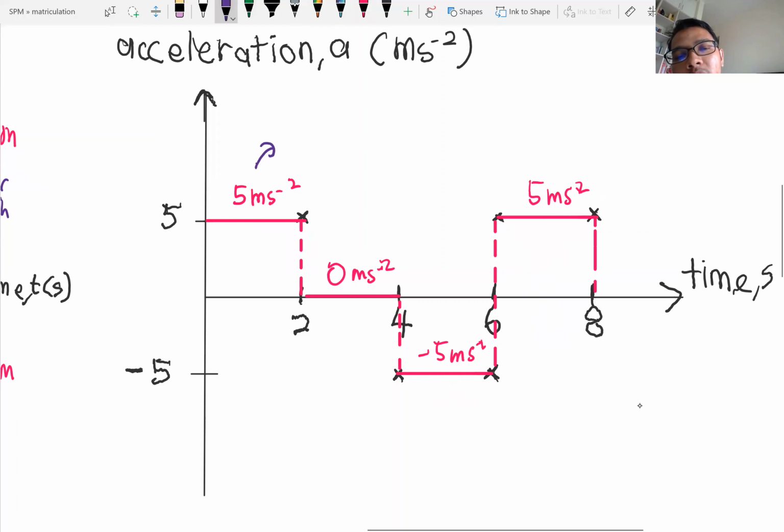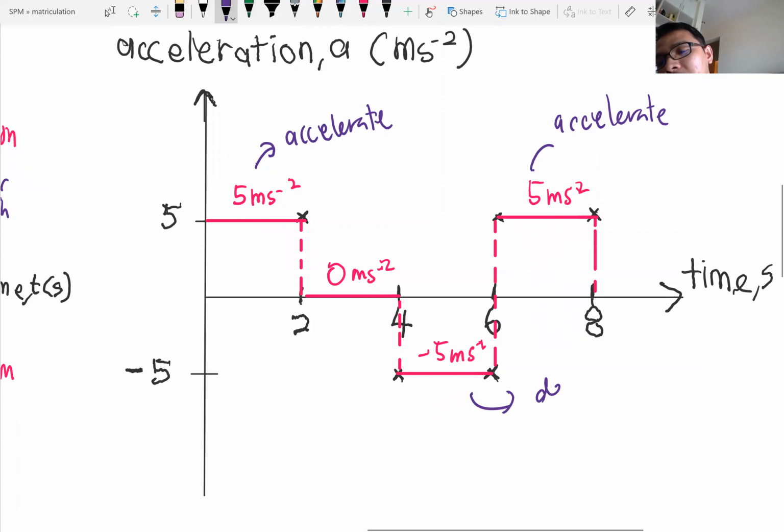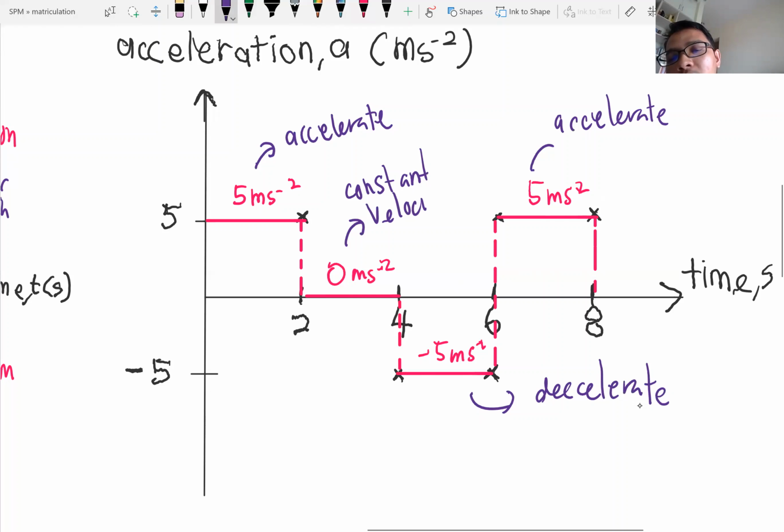So here is accelerate, accelerate. At the bottom is decelerate. It doesn't mean it moves back. It decelerates, the velocity is reduced. Acceleration of 0 means it moves with constant velocity for this motion.